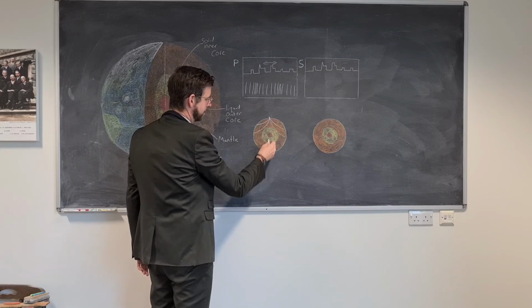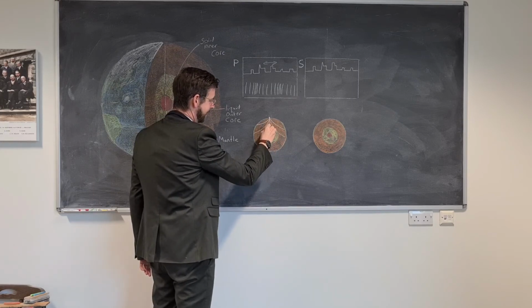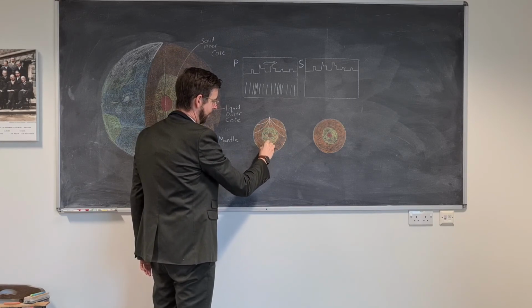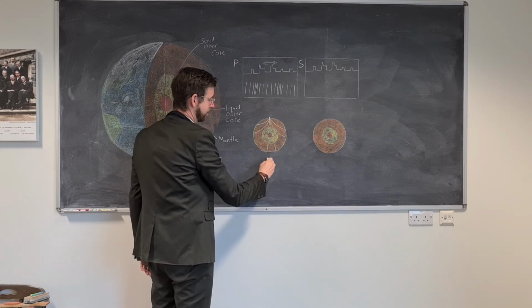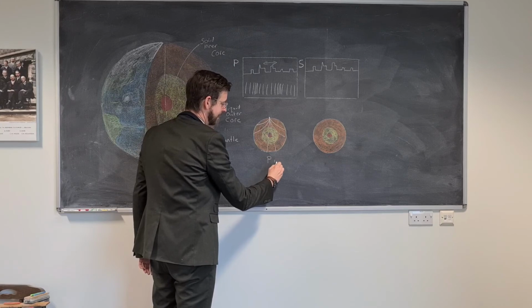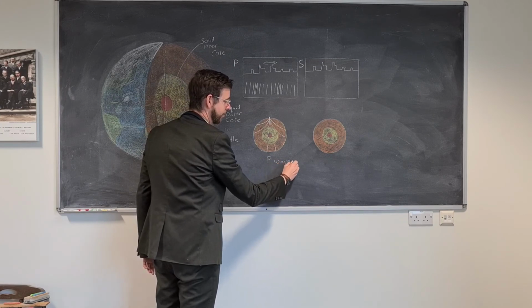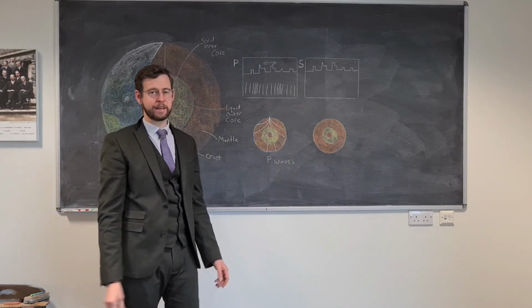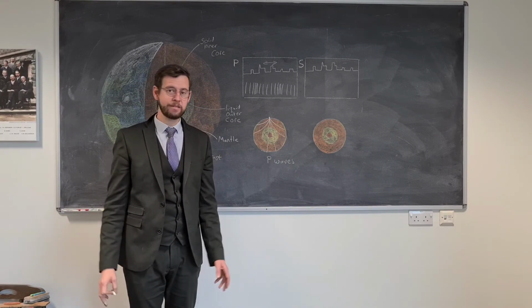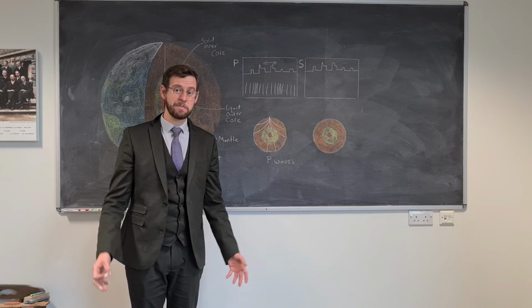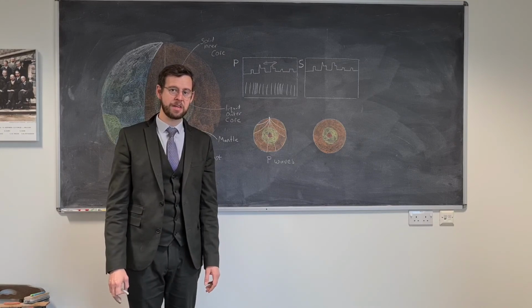But then some of them actually get into the core and appear on the opposite side of the world. And so some P waves actually travel all the way through the planet by travelling through the core. By measuring the appearance of the P waves elsewhere, we can actually measure what's inside the Earth.